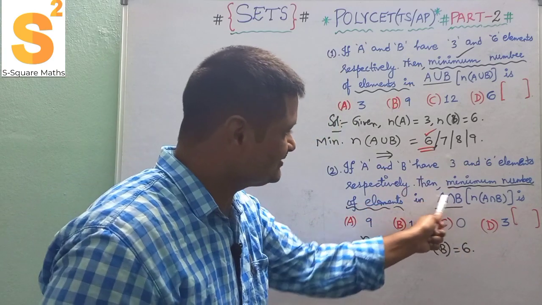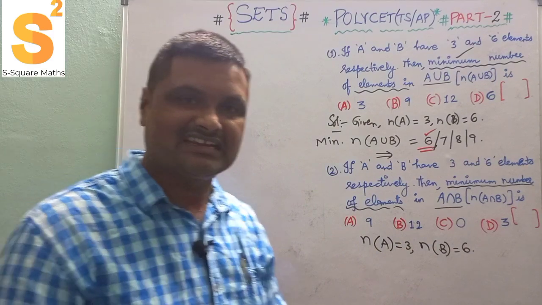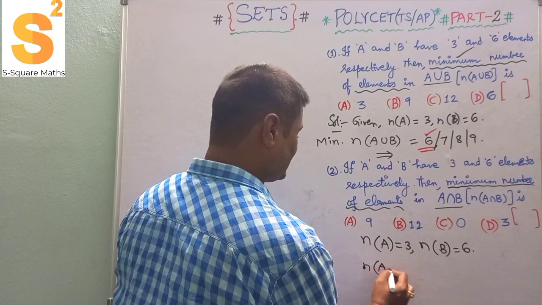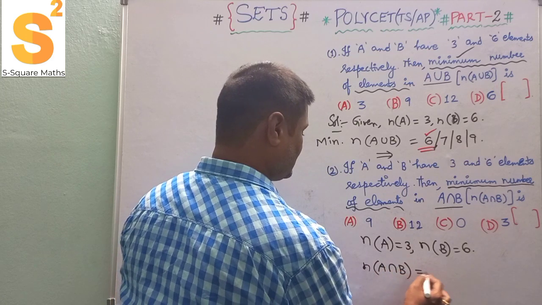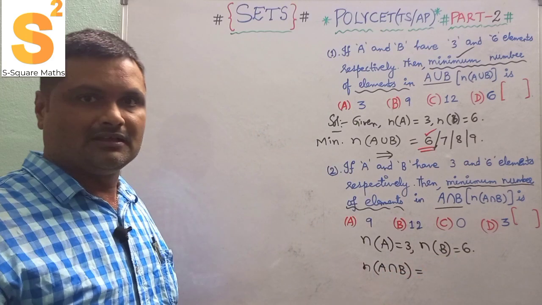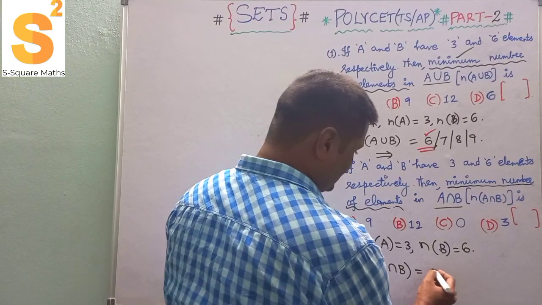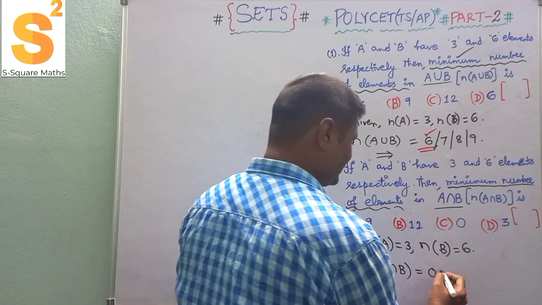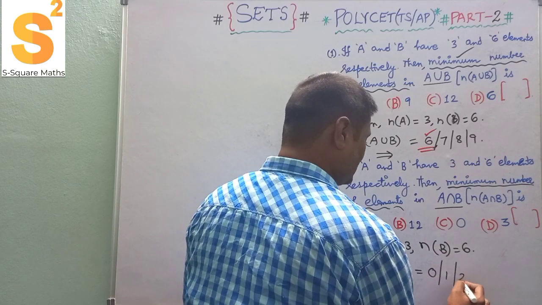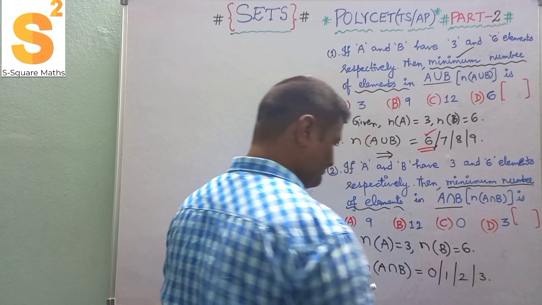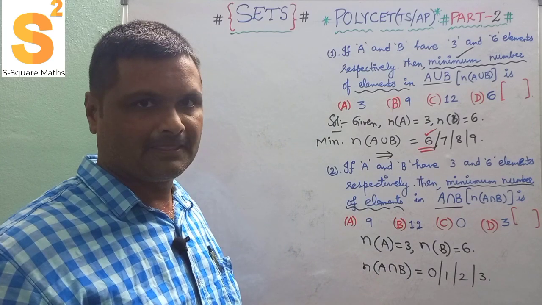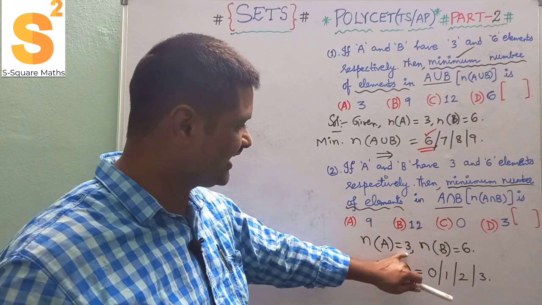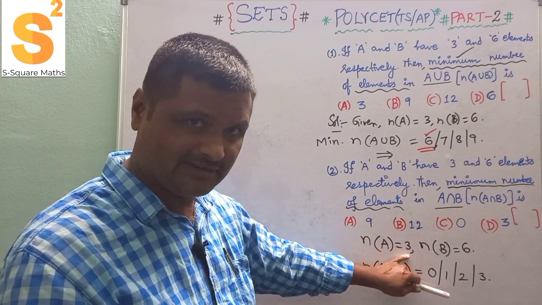Since they are asking for the minimum number of elements in A intersection B, n of A intersection B is 0 when they are disjoint sets. Next 1, next 2, next 3. Again it may not proceed because n of A has only 3 elements.